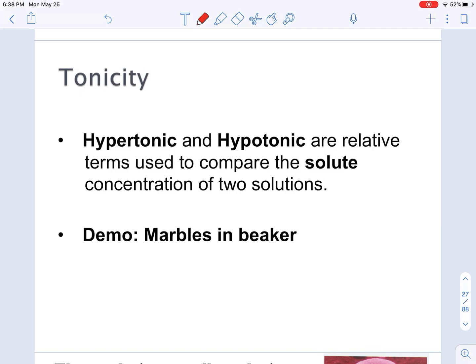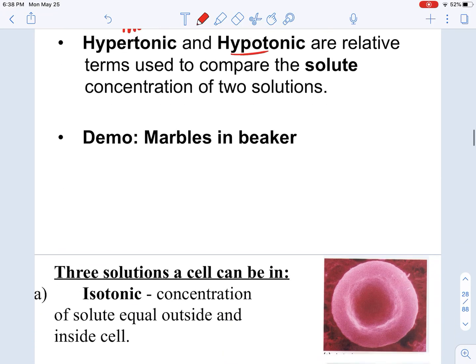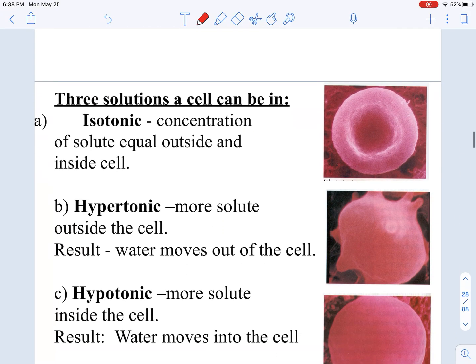The word tonicity means how concentrated it is. When you compare something that's hypertonic, it's more concentrated with solute, and hypotonic, it's less concentrated with solute, and hypo, meaning water, means if it's less concentrated, it also has more water.